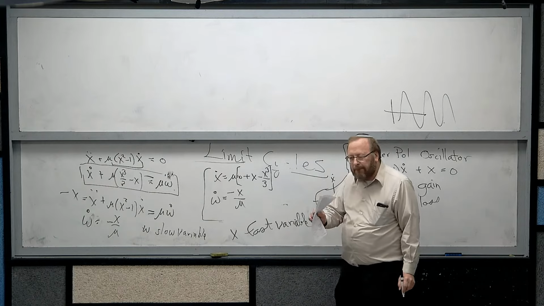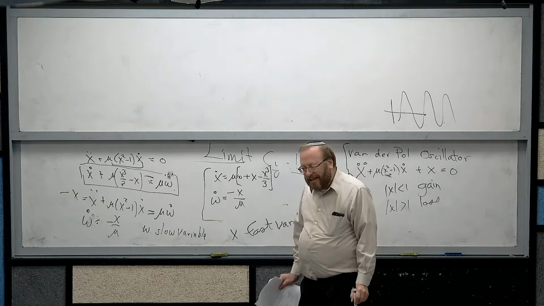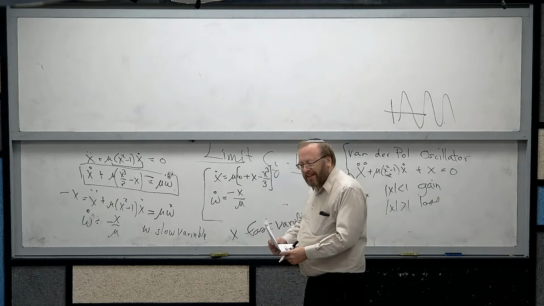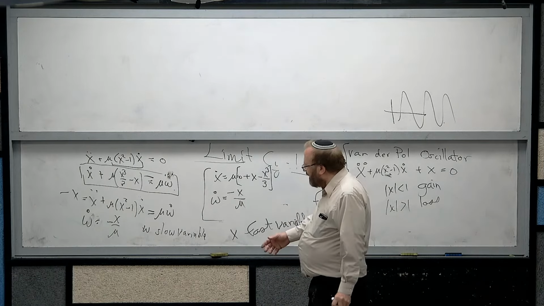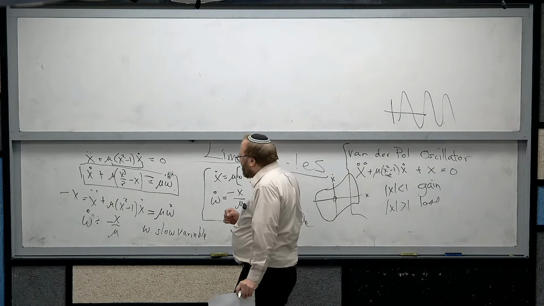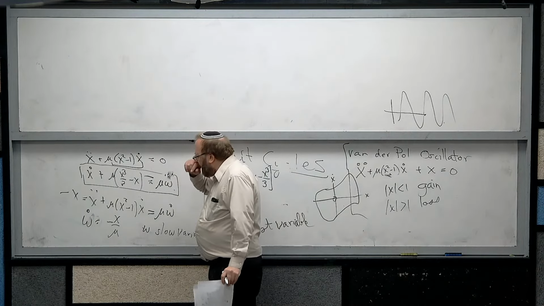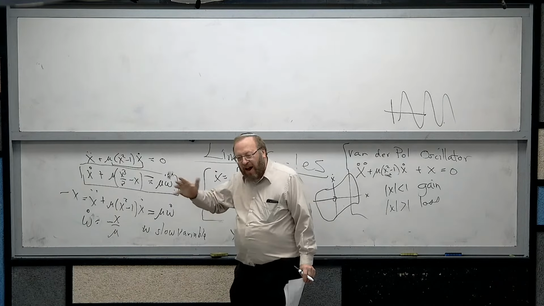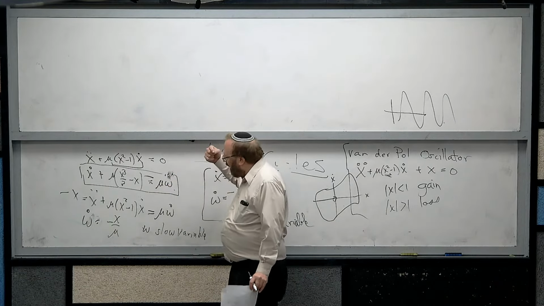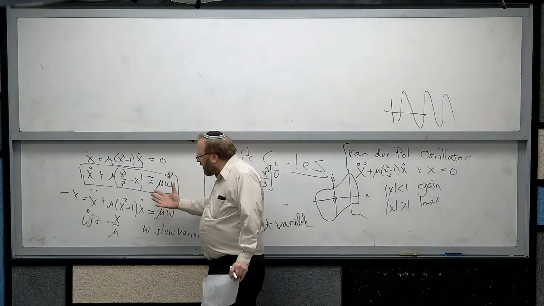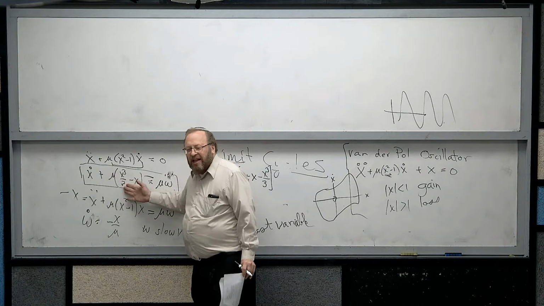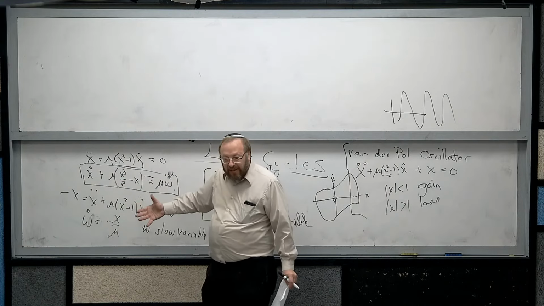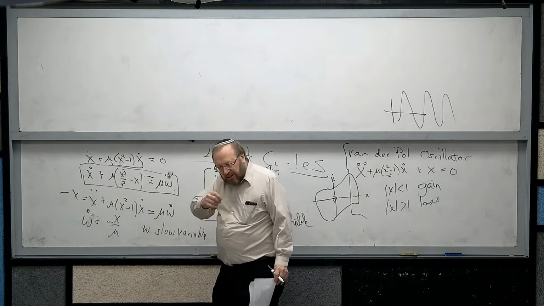Does x represent the location of the oscillator? Yes, x is x. What does omega represent? Well, that's the whole trick. It's not obvious. Omega is the deviation from what the system wants to do when mu is large, what it really wants to do but can't, as we'll see in a minute.